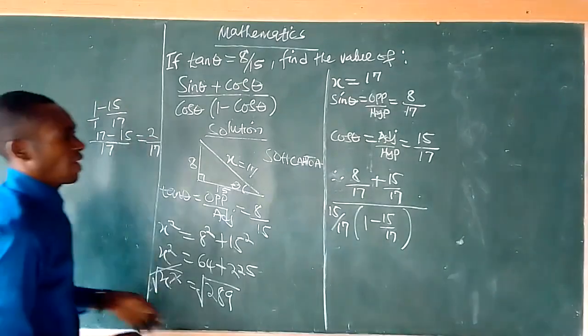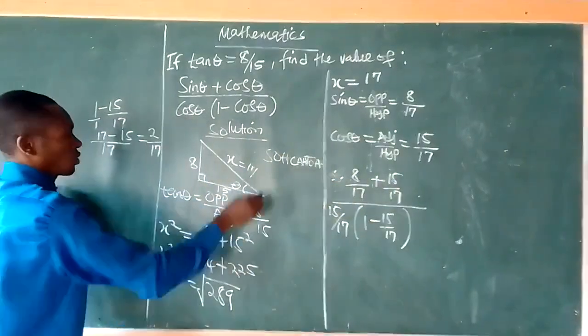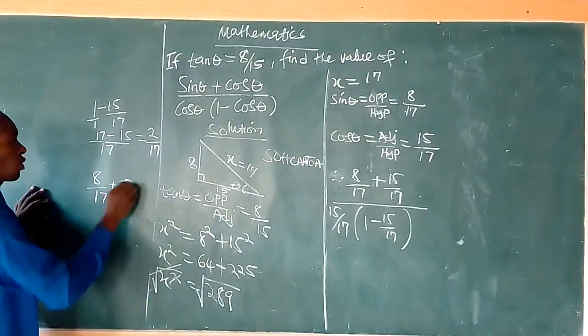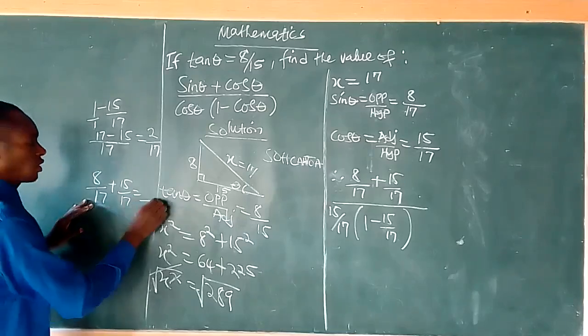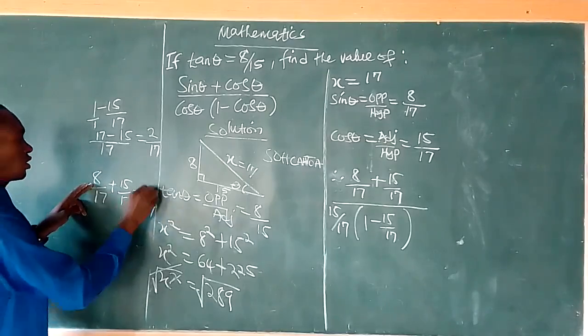We can also resolve the numerator: 8 over 17 plus 15 over 17. Since they are like fractions, we add the numerators, 8 plus 15 is 23.